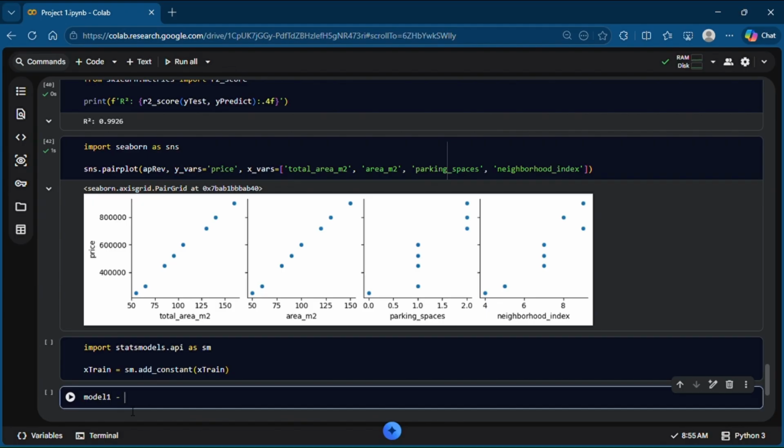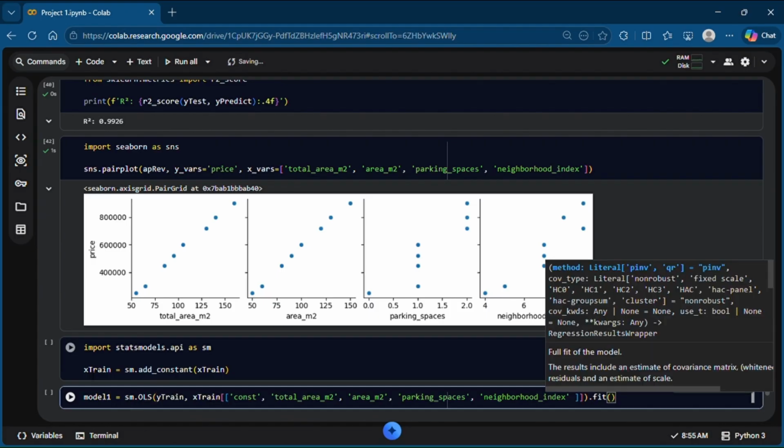Okay, so we will create model 1: sm.OLS with y_train, and the x_train will contain const, total area m squared, parking spaces, and finally neighborhood index, then .fit.